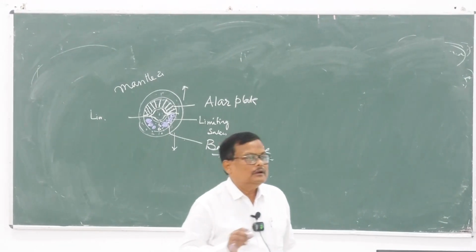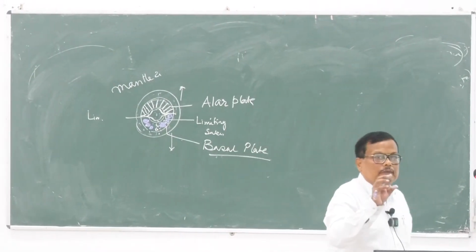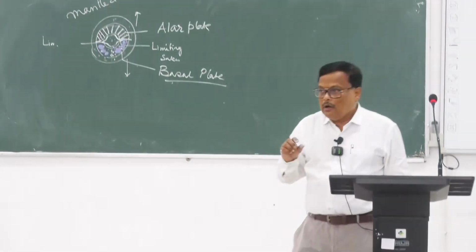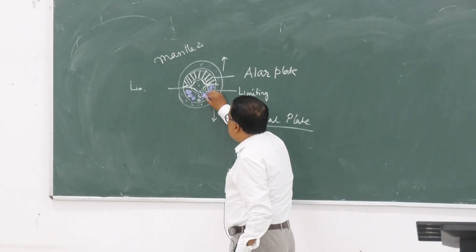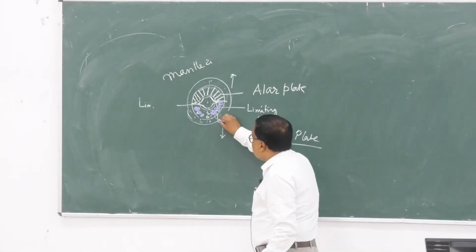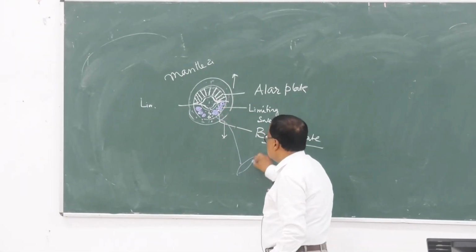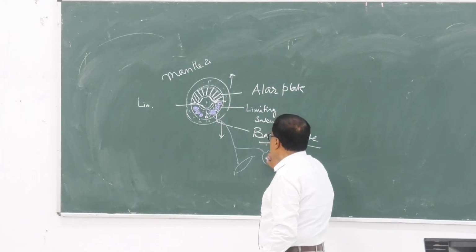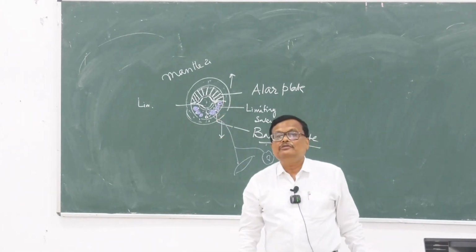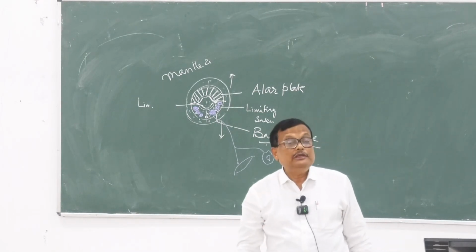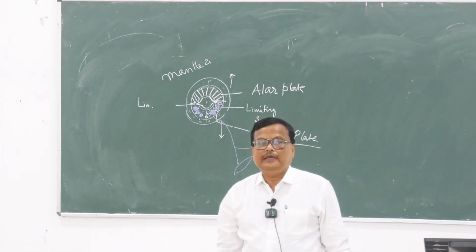We call it motor cells. Now, what is special about the motor cell? The cell body is present here, and the axon comes out to supply the muscle or the glands. So it is coming out, so we call it efferent. E for England.